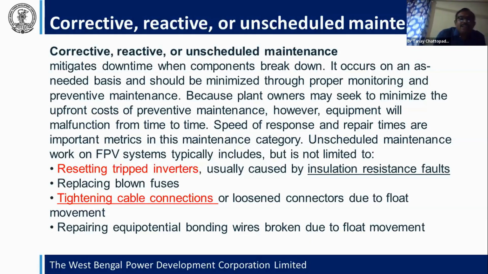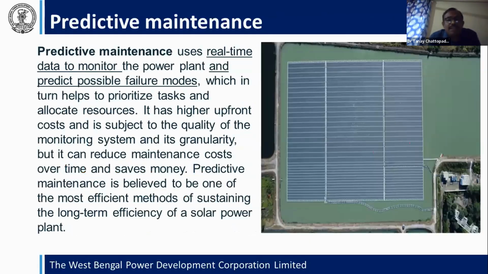Okay. And for predictive maintenance, you can use a real-time data monitoring system. This is an AI-based monitoring system. Actually, it will be for the future generation, when this type of predictive maintenance can be done.